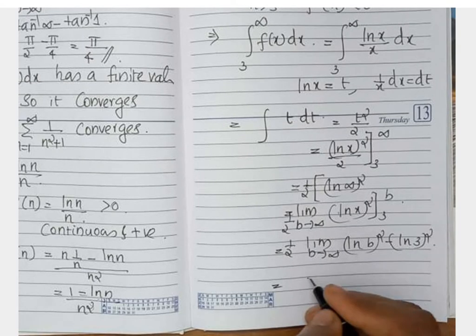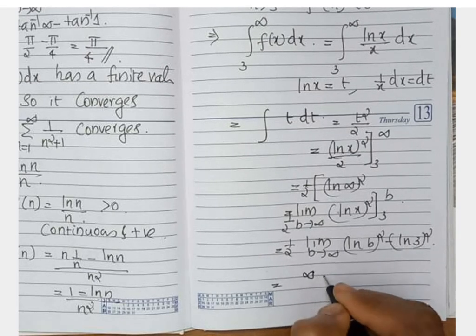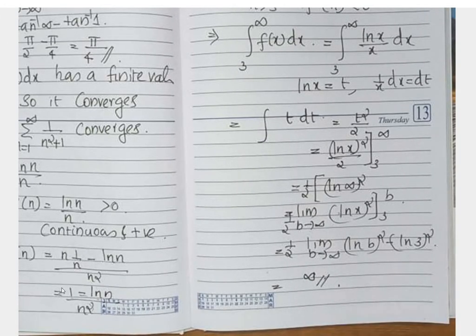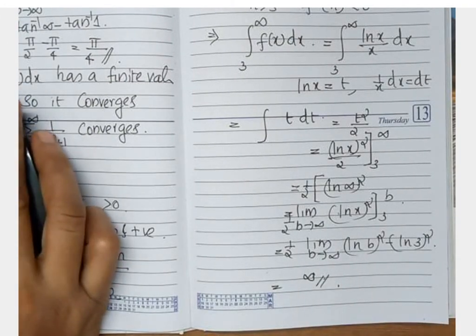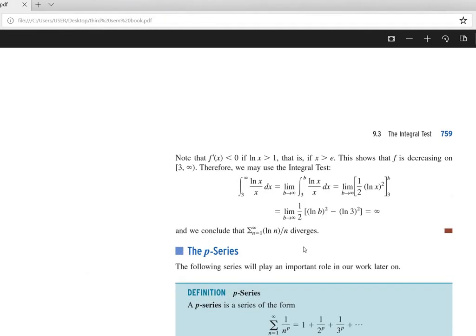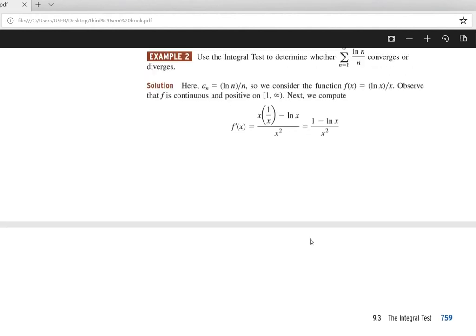So the series does not converge, the value is infinity. So the series diverges.